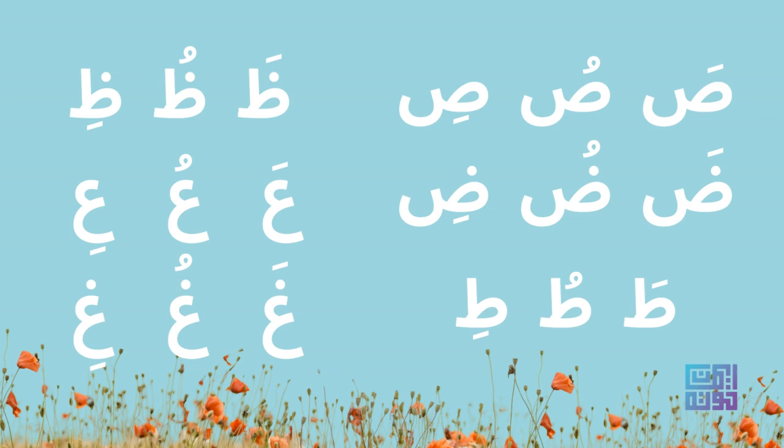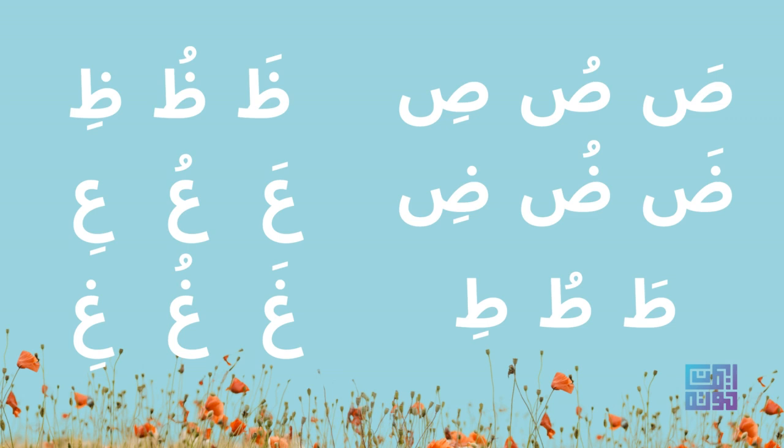I'm going to mention them now because it's important when you pronounce these letters to differentiate between the sad and sin. So when we say sa and we say sa, there is a difference. So here the letter is sad. With a fatha, it's going to sound like this. Sa. With a damma, su.